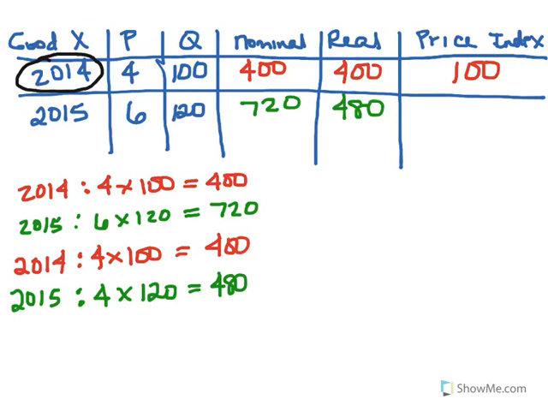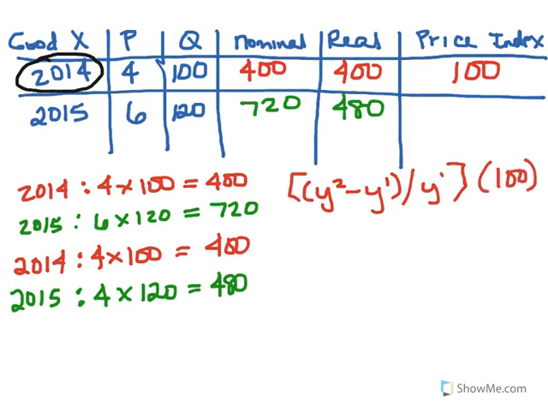In other words, to calculate the growth rate, we would do year two minus year one divided by year one, and then we multiply that by 100, and that will give us the percent change in terms of the price level.